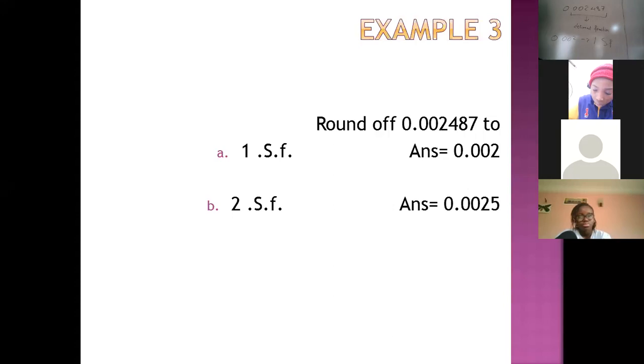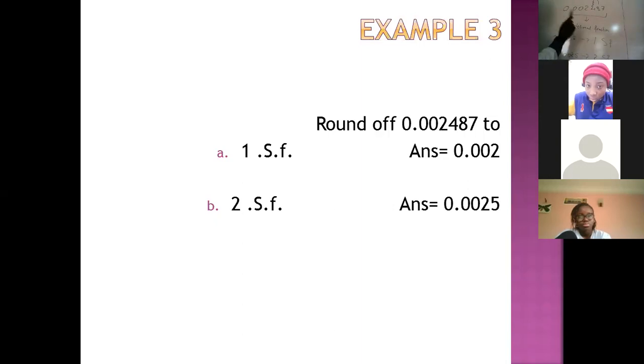If you take it to 2, the second is 4. We realize that 8 can be rounded up to become 1, which will then be added to 4. So we'll have 0.0025. That is 2 significant figures. What about 3 significant figures?